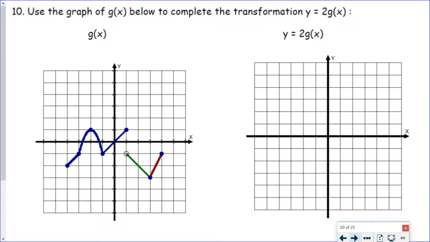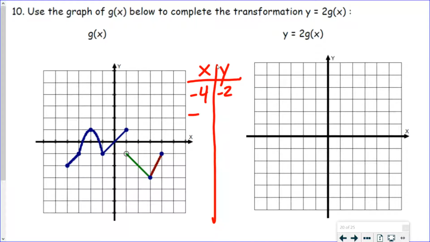All right, number 10, use the graph of g of x to transform it to 2 times g of x. Wow, we've got a lot of points going on here. So let's see if we can do this. I've got a point at negative 4, negative 2. I'm going to point at negative 3, negative 1. At negative 2, positive 1.